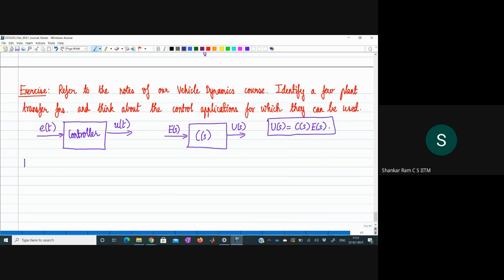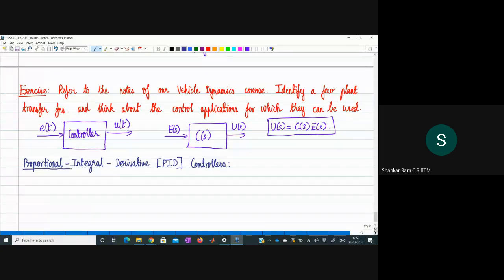In fact, one of the most common controllers that are used in the domain are what are called the PID, proportional integral derivative control.